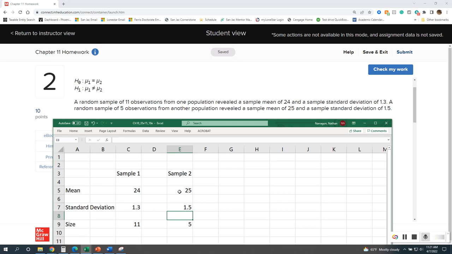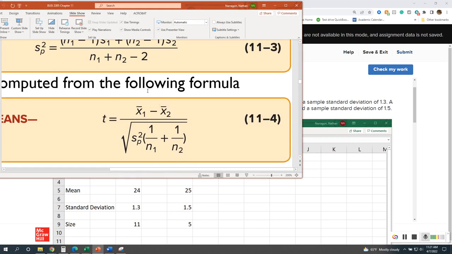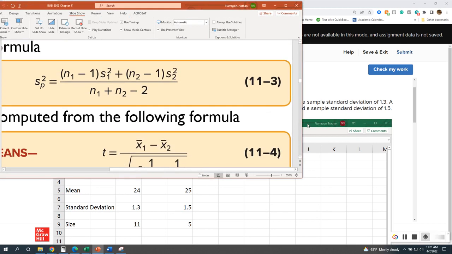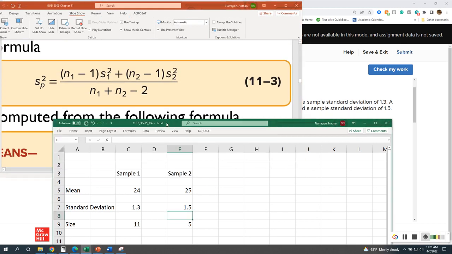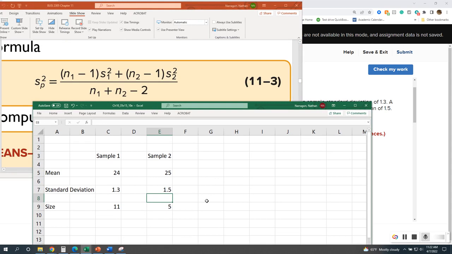So now it's time to do the pooled sample. Okay. So let's get the formula so we can see how this is going to look. And it looks like it's going to be a lot of fun. So we're going to start putting it in parentheses to equal.